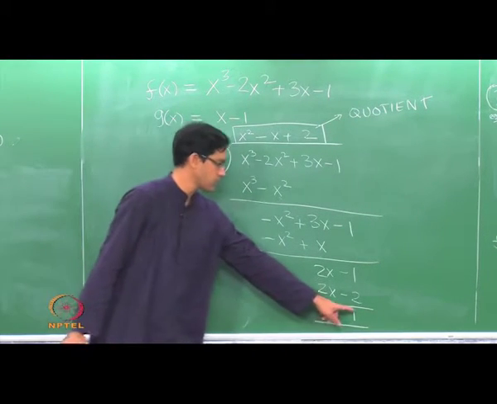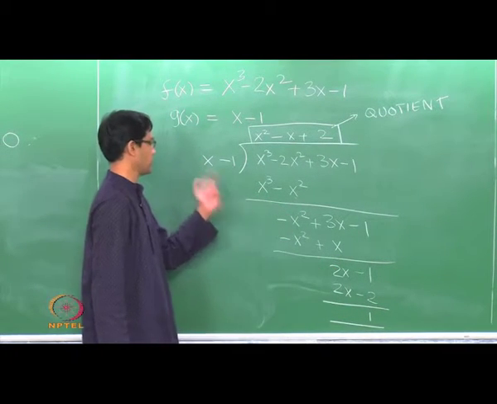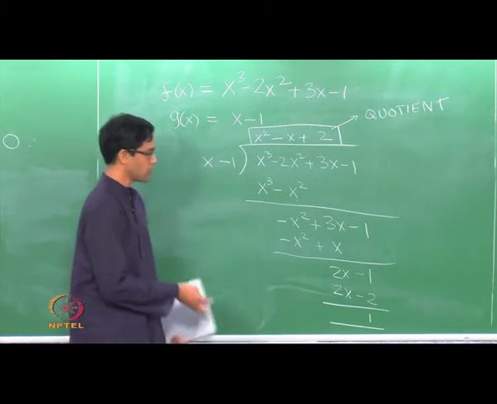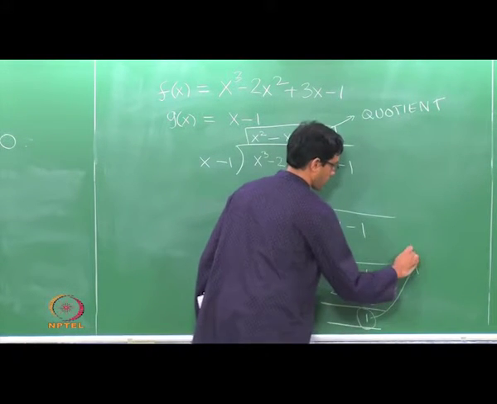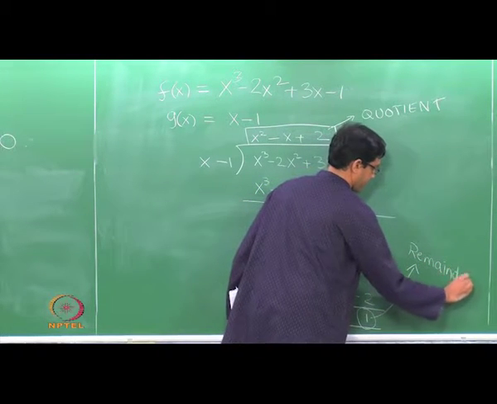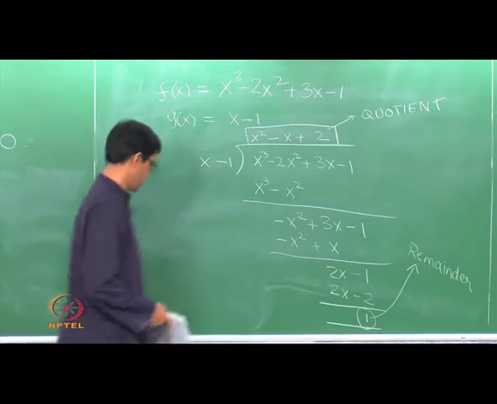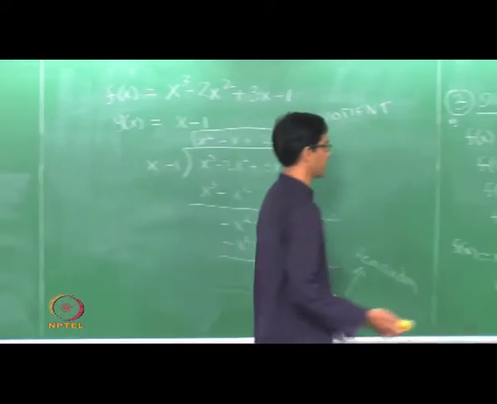The highest power there is a 1, meaning it is x power 0, which is smaller than the highest power here. So you can't continue the division. So what is obtained at the very end is what you would call the remainder. Okay, so long division produces a quotient and a remainder. That is the key thing to remember.